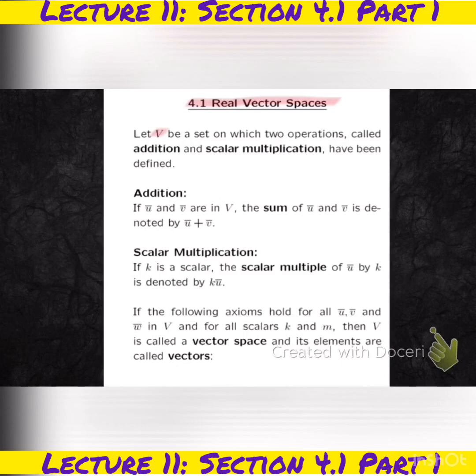If V is a set with two operations, normally with vectors we've got two operations. The one operation is addition, and the other operation is called scalar multiplication. Now addition, this is the one you're used to, adding. It all depends on how you define the sum. The sum you can define in many different ways.